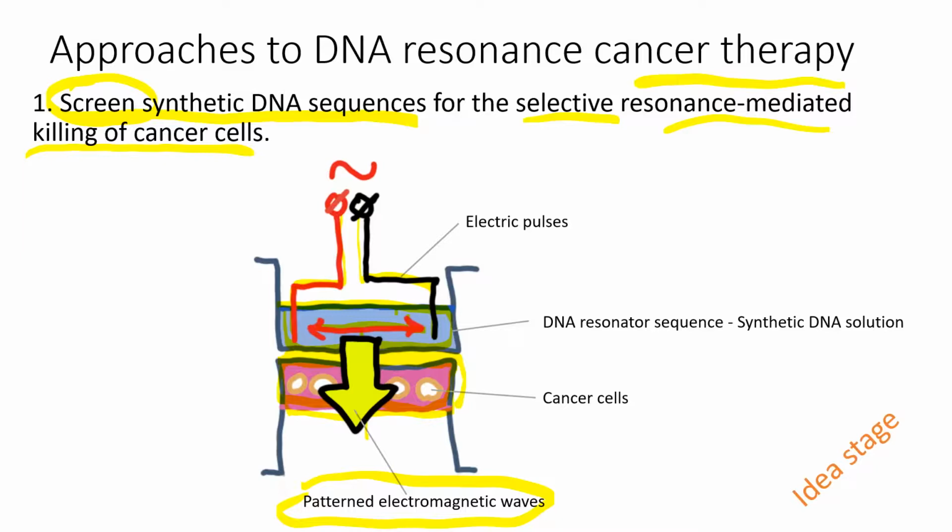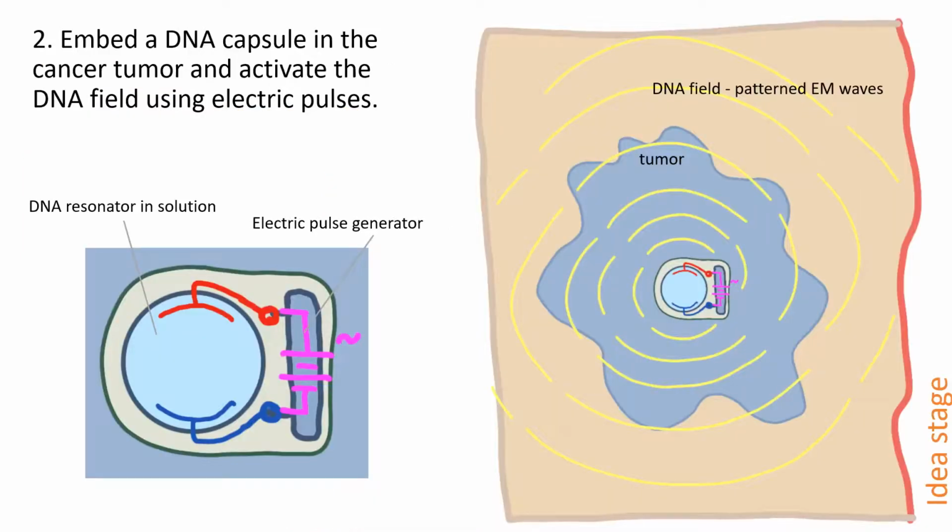Once the proper sequence is identified, we go to the next stage and create an implant capsule containing that selected DNA solution, a synthetic DNA resonator in solution, and an electric pulse generator that activates the secondary waves, which are yellow here.